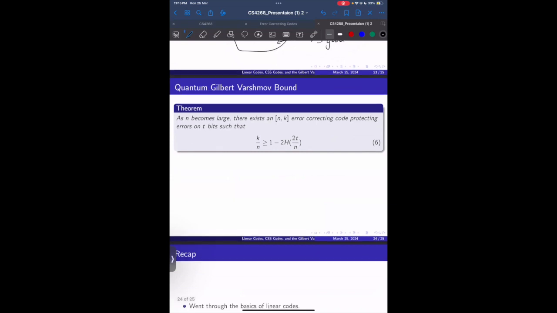Frankly speaking, this is outside the scope of this presentation. If not, it will be a very long discussion. But yeah, this basically establishes the existence of good quantum error correcting codes, right?